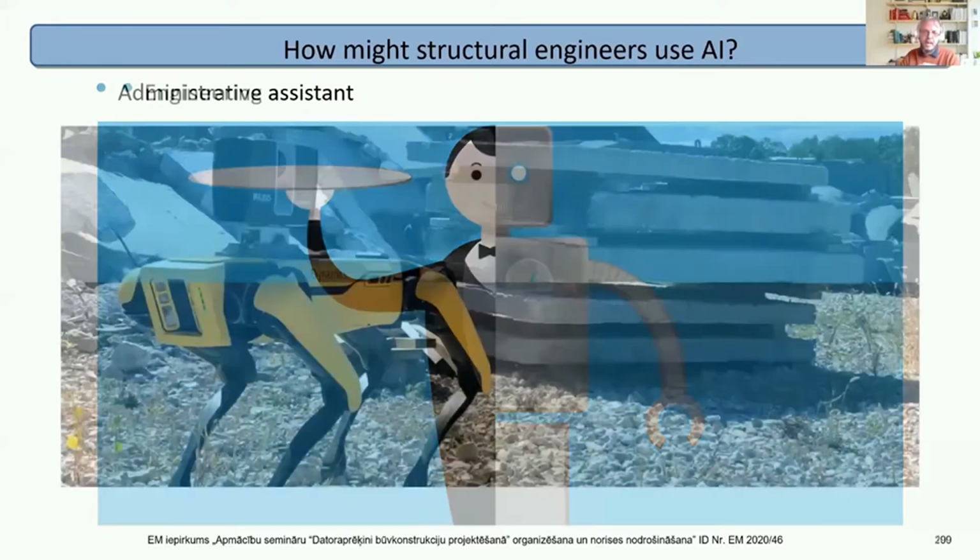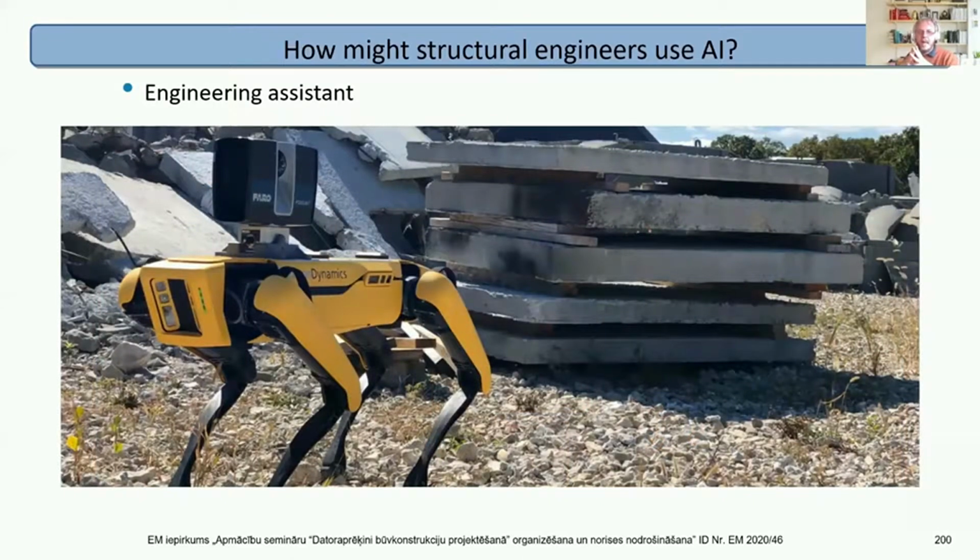These are coming. Likewise, engineering assistants on site. You can already have robots or drones which can walk or fly around your site and scan the site for that day's construction.